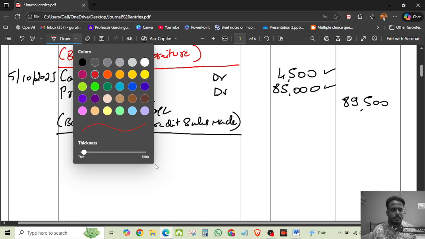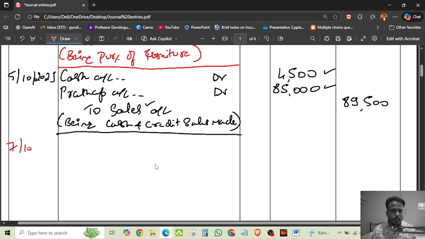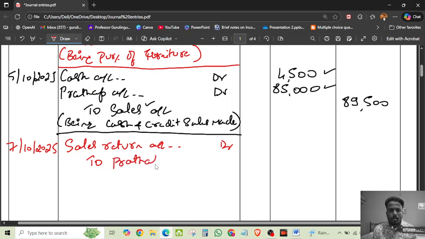7/10/2025. Sales return account debtor to Pratap account. Pratap has not yet paid any cash, so therefore we are mentioning Pratap. If cash was received, we would need to pay back the cash, then cash would have gone out.